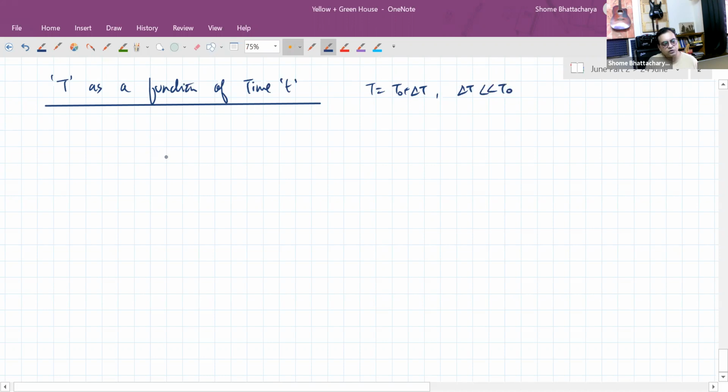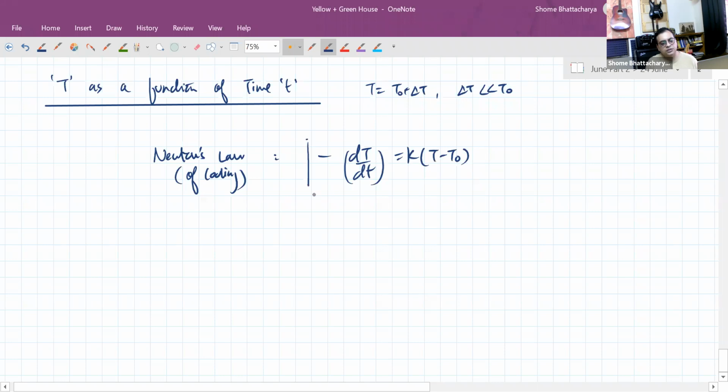So by Newton's law of cooling, you have that the rate of cooling is some constant into this temperature difference. Now suppose I have a situation that at t equal to 0, the value of the temperature is some initial temperature.